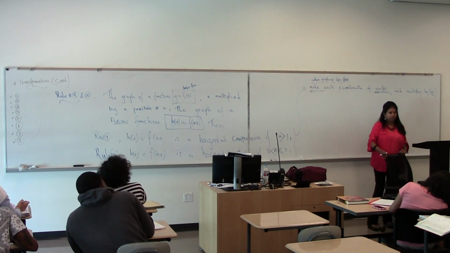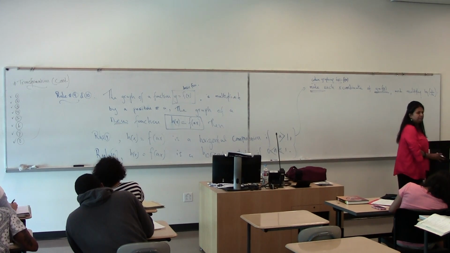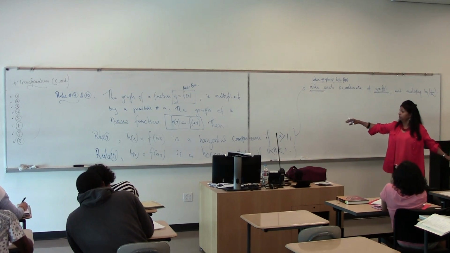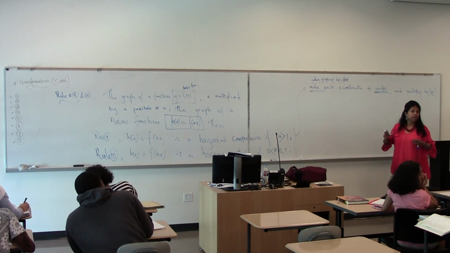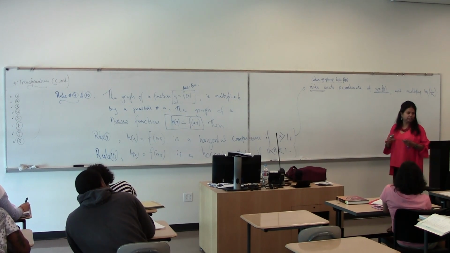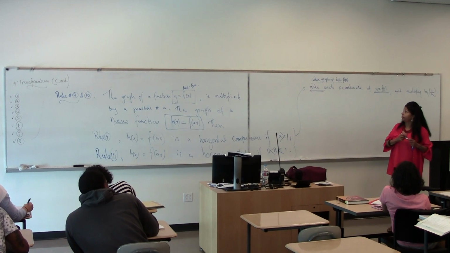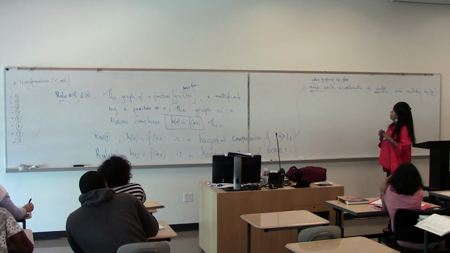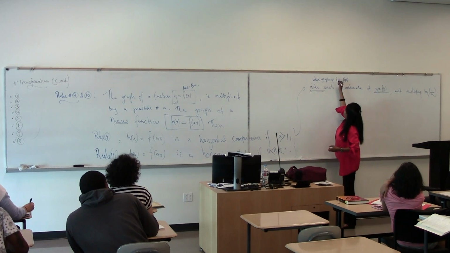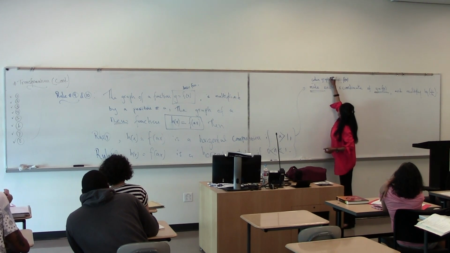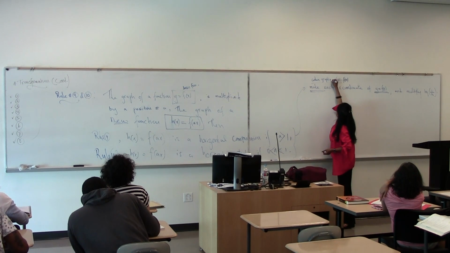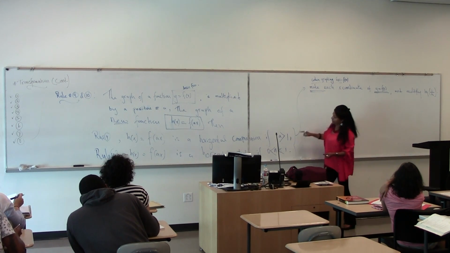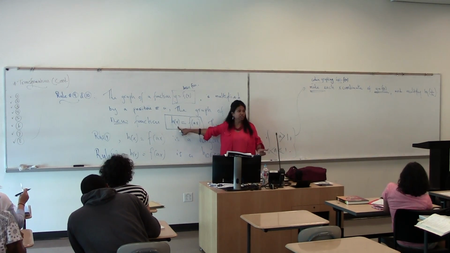Everybody understand the rule? Two rules here, but we wrote it as one. I'm going to explain this to you guys with an example. Question: what does it say above, make each... Does it say graphing? When graphing, okay. When graphing this h of x, we are graphing the new function.